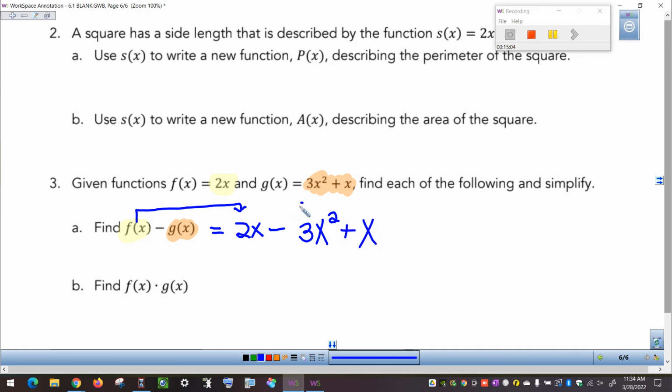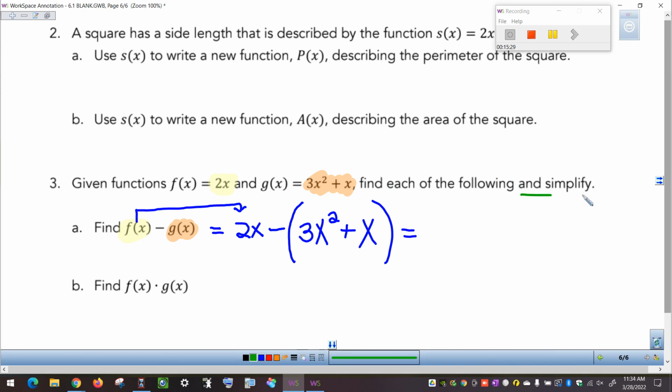But because we are subtracting here, we need to show that we're subtracting all parts of g of x, and so it has to go in parentheses. It's kind of like in the bakery problem, where we were subtracting the expenses. We had to put parentheses around all of the expenses to make sure that we are subtracting all of them.